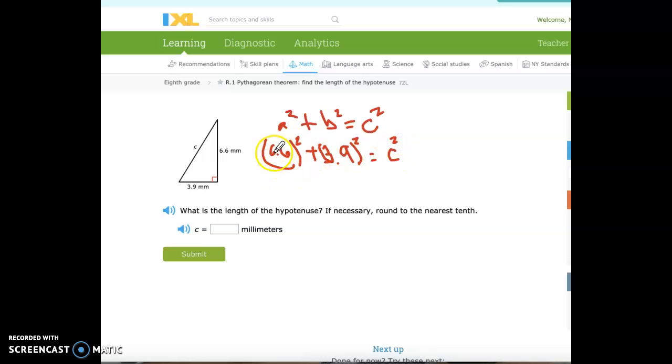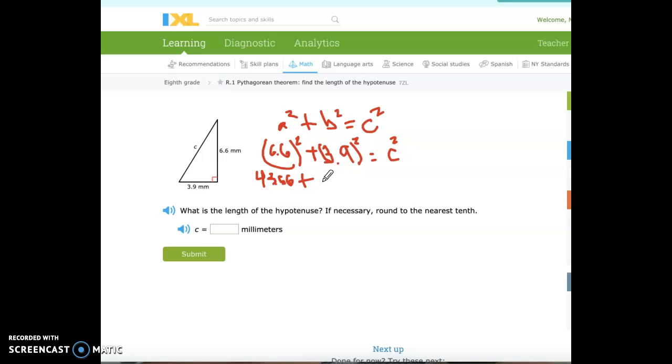So on here, because it's a decimal, we'll just take a look at what 6.6 is to the second power. So I have here 6.6 raised to the second power gives me back 43.56.